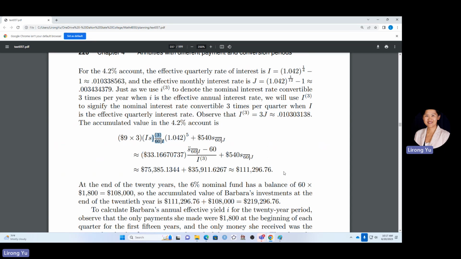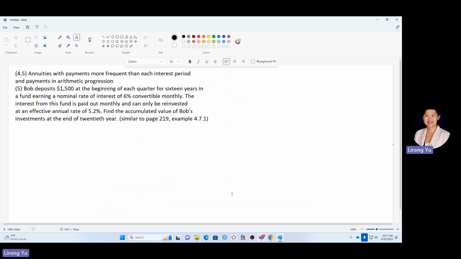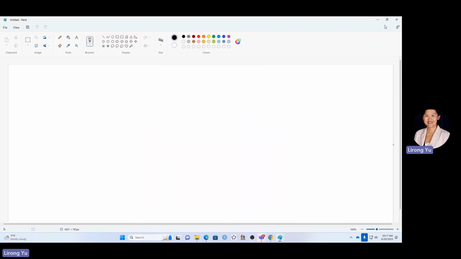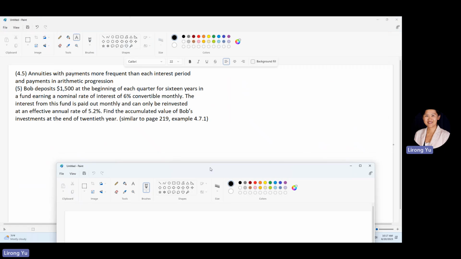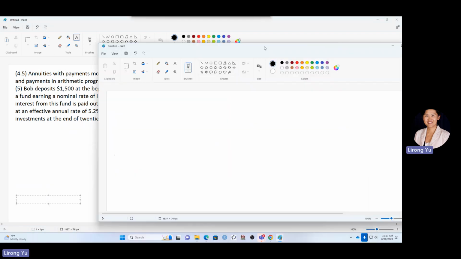If you want to look at even more detail of the calculation, I can work it out over, let's open a separate window, so they are not covering each other up.